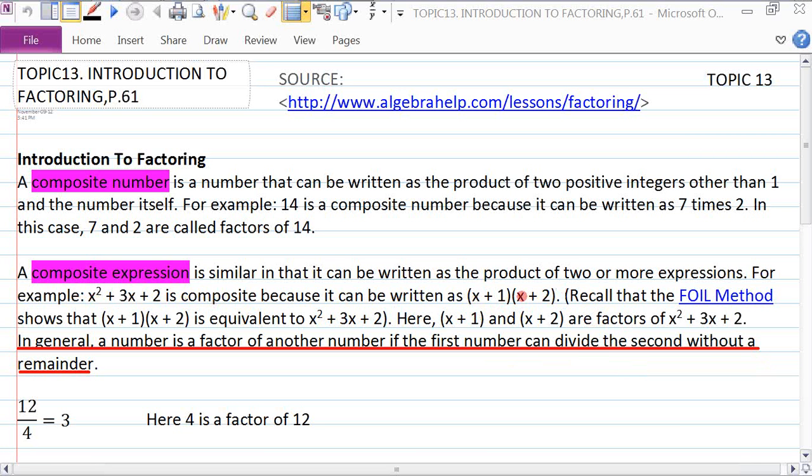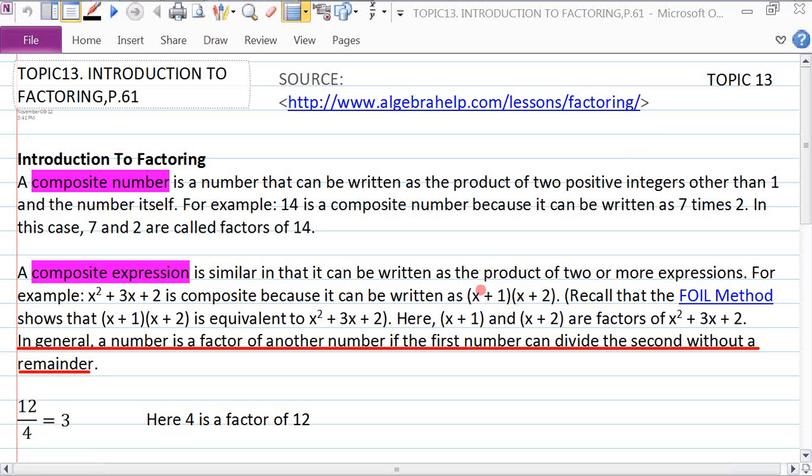The first times the first, plus x times plus x, gives us plus x squared. The last term is plus 1 times plus 2, that's right here. And in the FOIL method, we have the outer and the inner. The outer is plus 2 times x, and the inner is plus 1 times x.